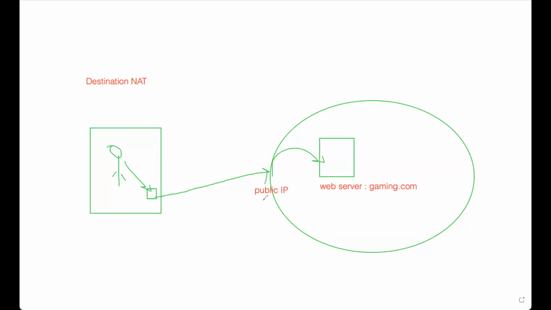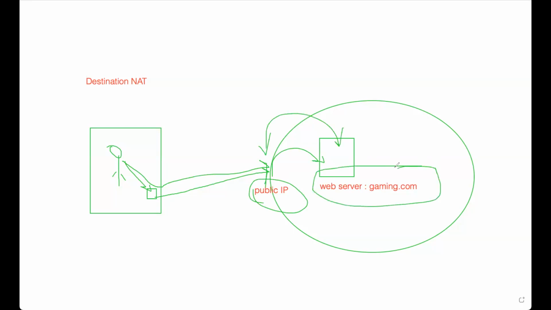So this translation of public IP to the private IP is called destination NAT, because in this case, the user is coming and hitting your server, and your responsibility is to create a public IP transferred to the private IP. Because inside your network, you will be using a private IP for hosting this web server, and you have a router on the edge, and you have to create a destination NAT to convert this IP to this IP, because this gaming.com needs to be accessed from the internet by users sitting in their homes.